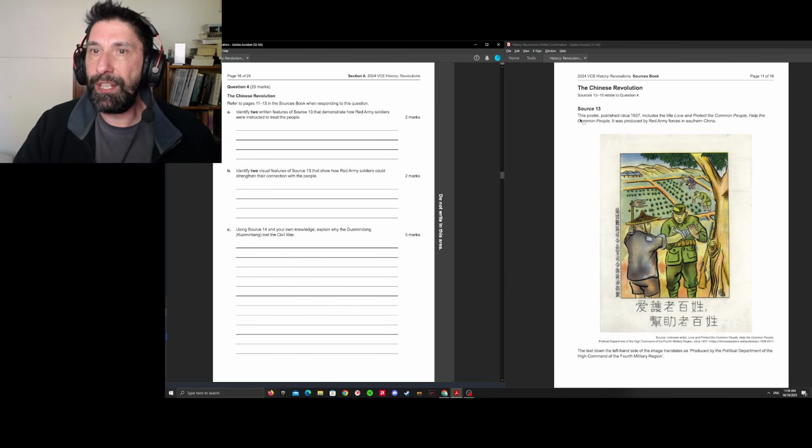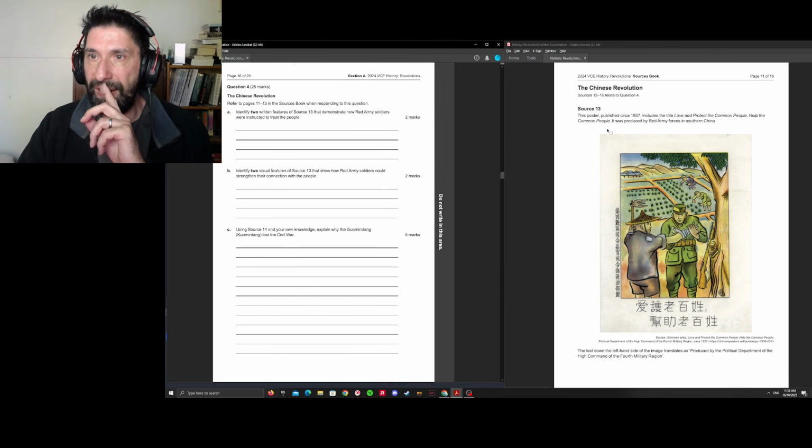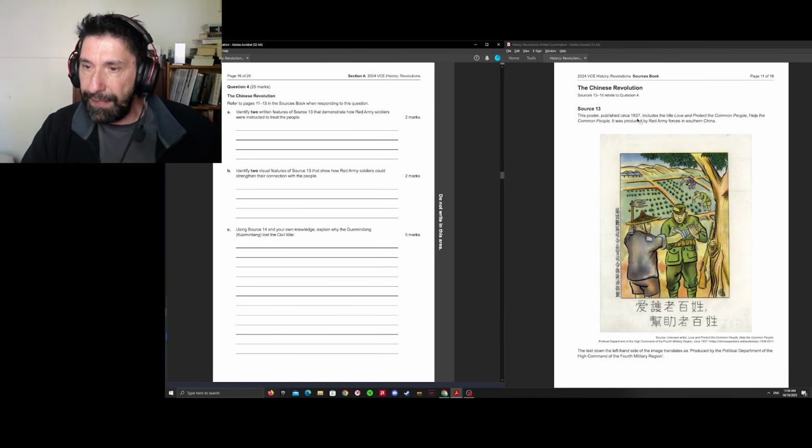So source 13, this poster, published around 1937, circa 1937, includes the title, Love and Protect the Common People, Help the Common People. It was produced by the Red Army forces in southern China. Take note of the date here, 1937.